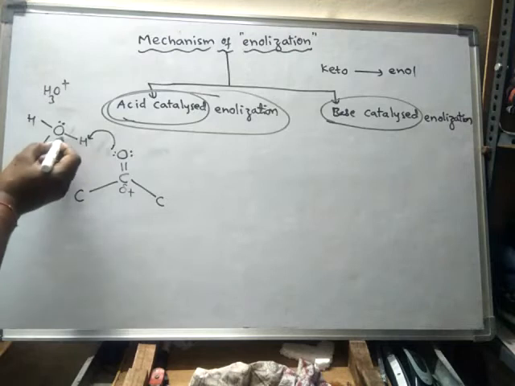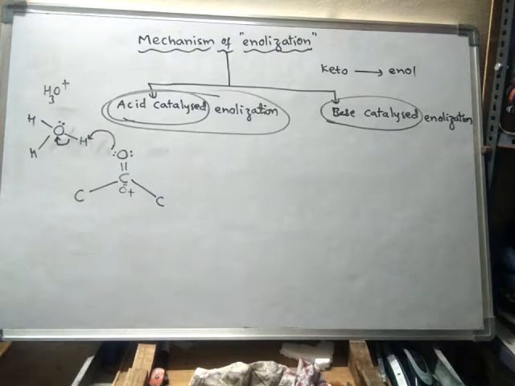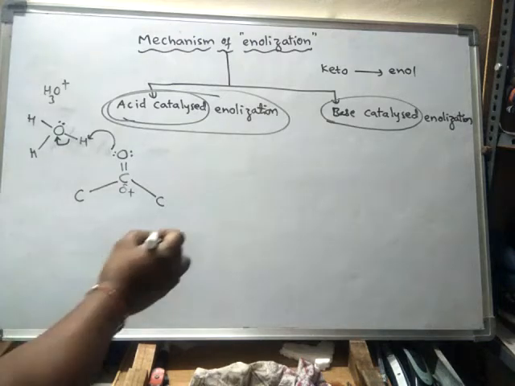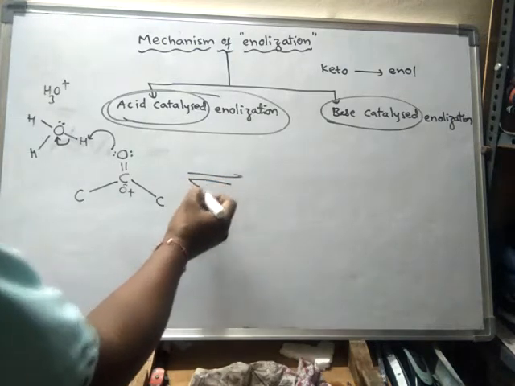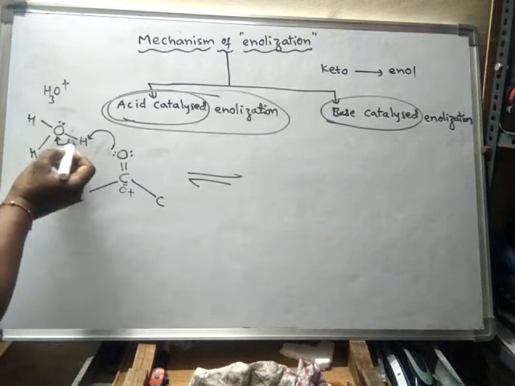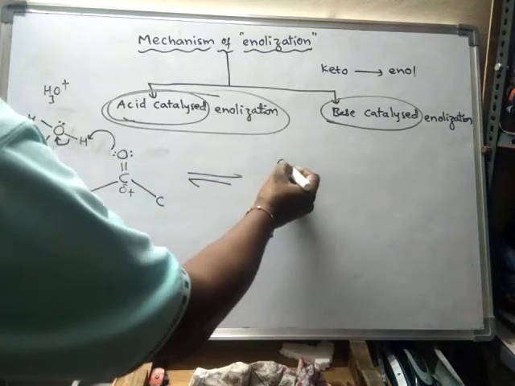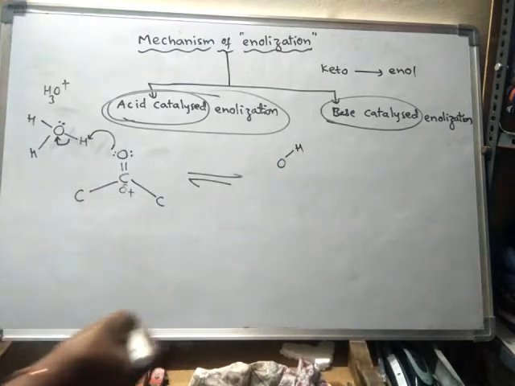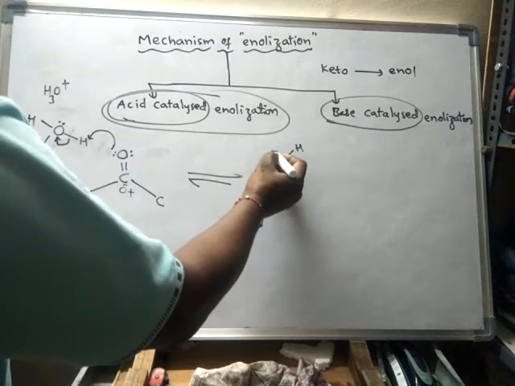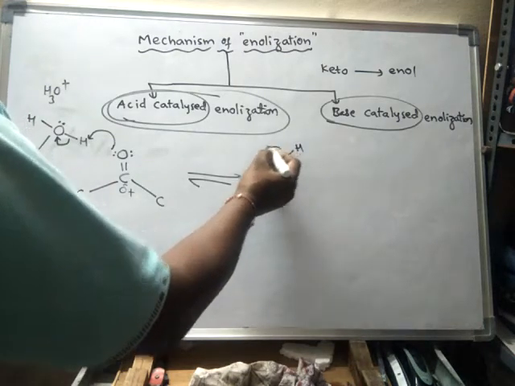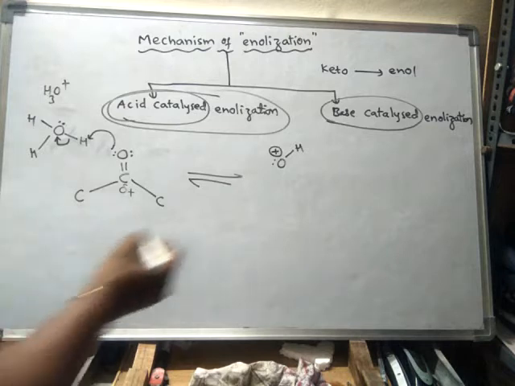Now this bond will convert into a lone pair of electrons. This hydrogen comes here and forms OH, and now this oxygen will have a positive charge on it.